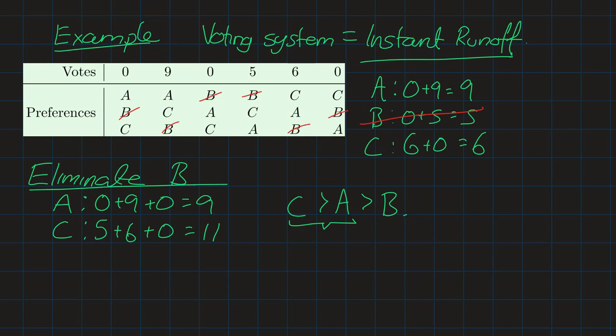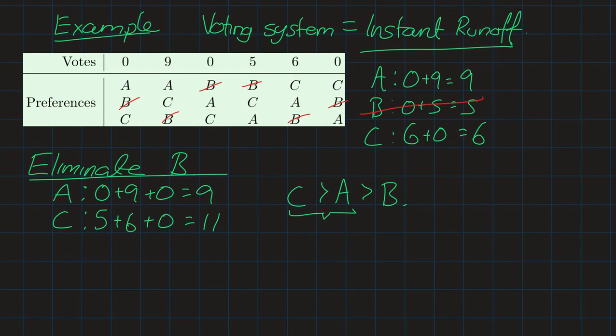Right now B is eliminated in the first round, but if you could tactically vote to make B and A be in the final round instead of A and C, maybe that will improve the chance of A winning. So what do we do?